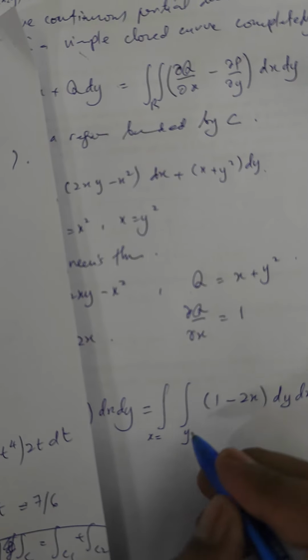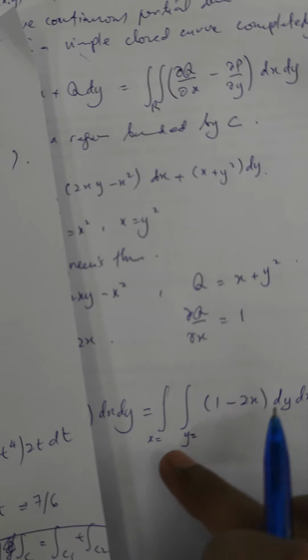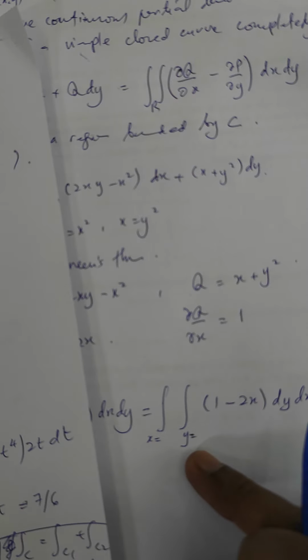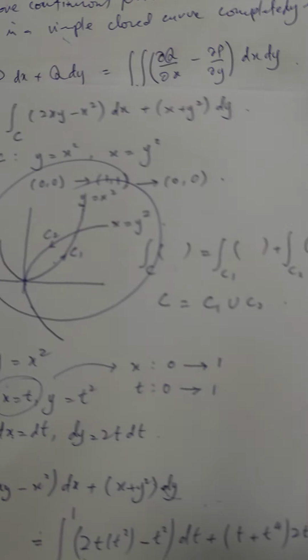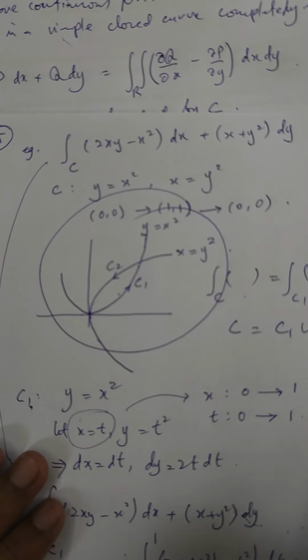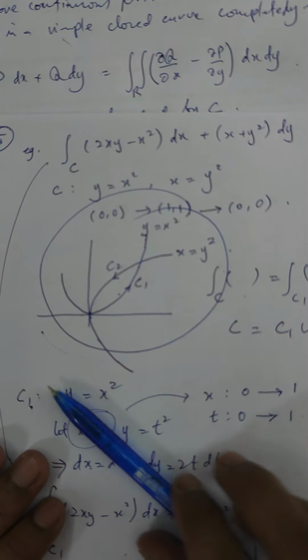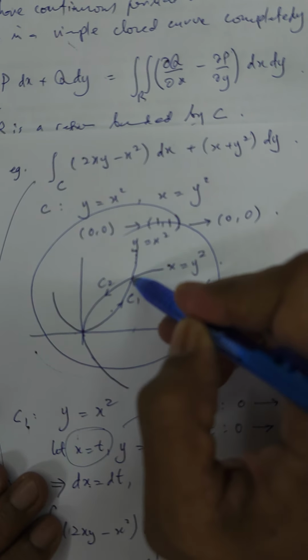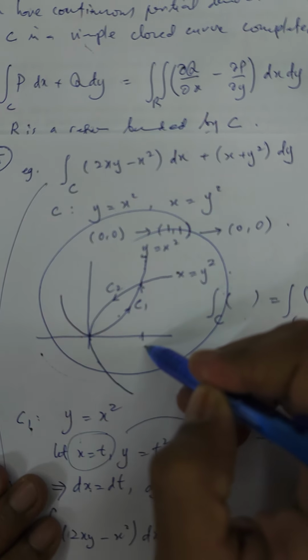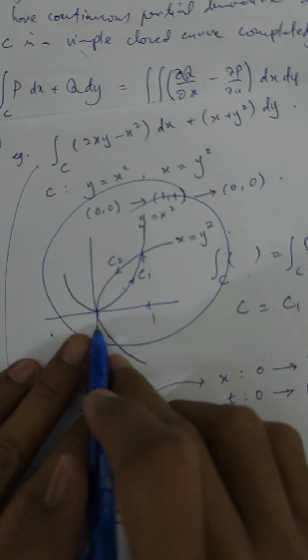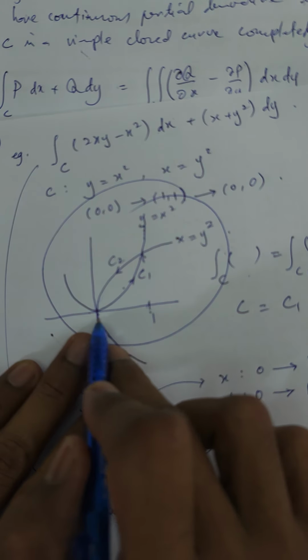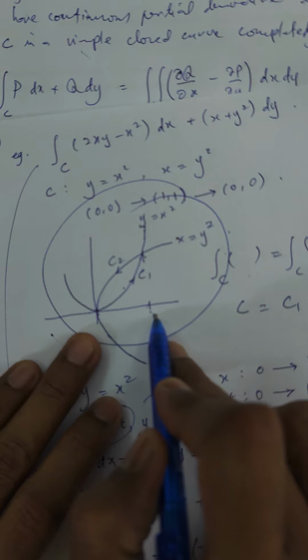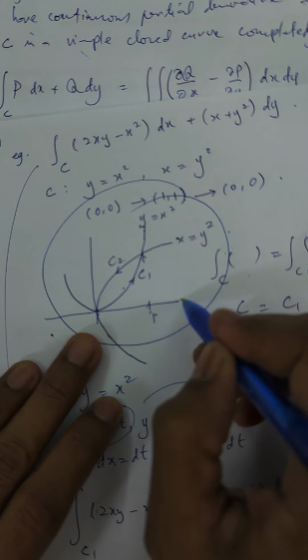Now we look at the limits of integration for both x and y. Look at the sketch here. We know that this is 1, this is 1, so x goes from 0 to 1 along the x-axis.